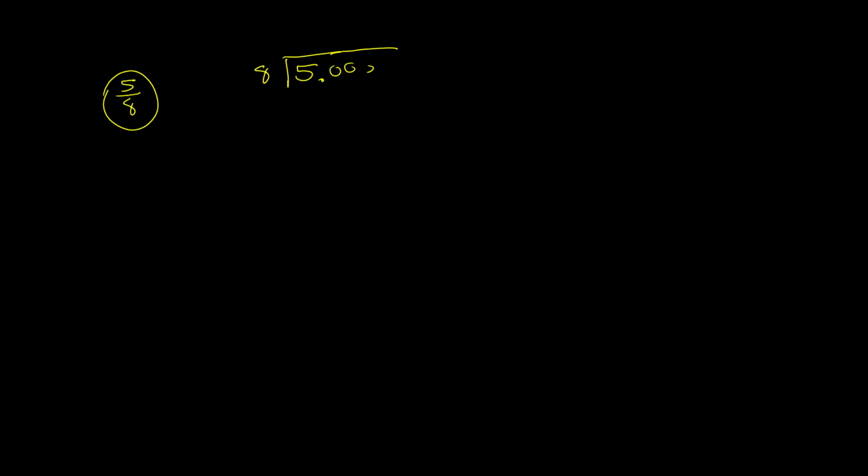If I use my place value algorithm for division, 8 goes into 50 6 times. Gives me 48. Goes into 20 twice. 5. And so 5/8 is equal to 0.625.